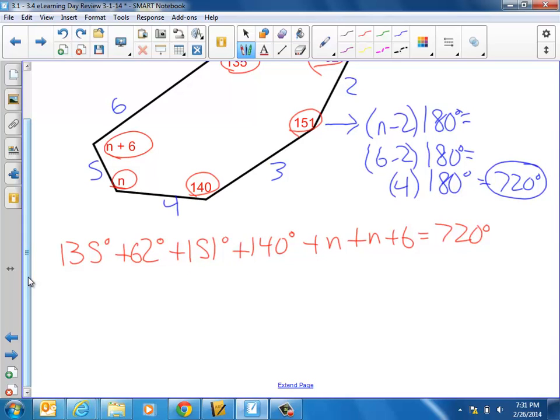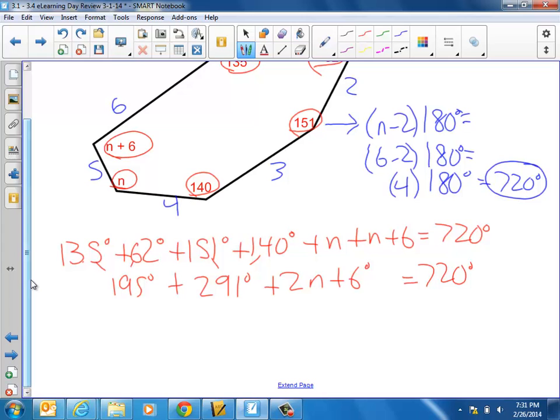Let's combine on the left. So we have 135 and 62 takes us to 195. 151 and 140 is 291 from these two, plus 2n plus 6 equals 720 degrees.